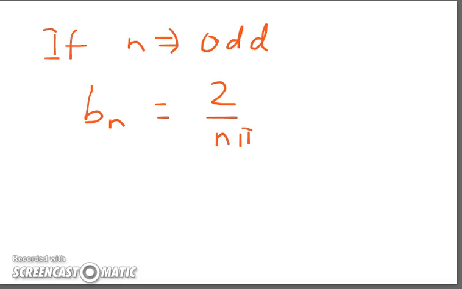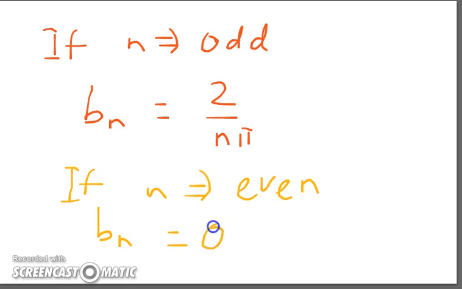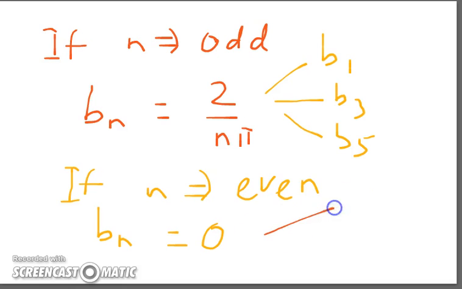But if n is even, we will get a value of 0. Okay, so I hope you can try now with B1, B3, B5, and if we try with B2, B4, and B6, we always get this.